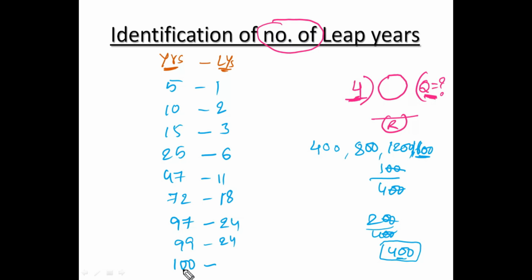Coming here, in 100 years, how many leap years will be there? Actually there should be 25 because 100 divided by 4 gives quotient 25. But the 25th year is 100 only, and 100 is not a leap year. So one will be less. That will be 24 only. So keep in mind this point. First 100 years consists of only 24 leap years.